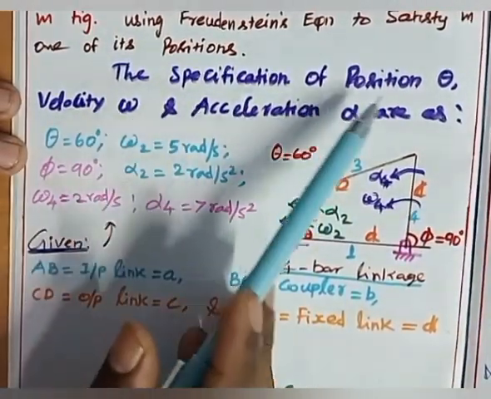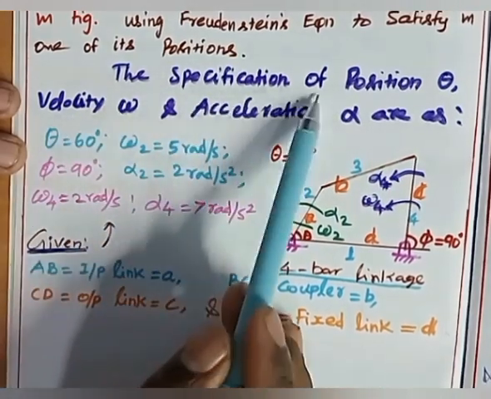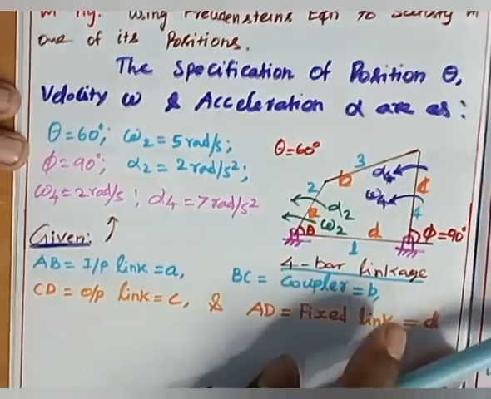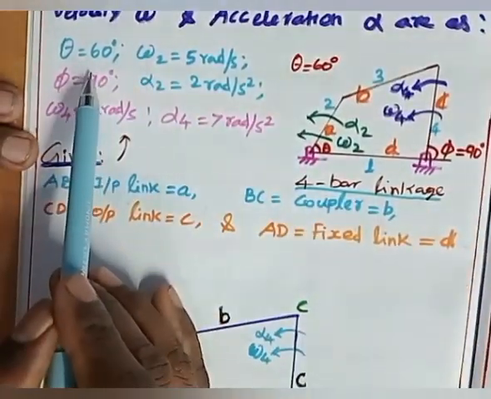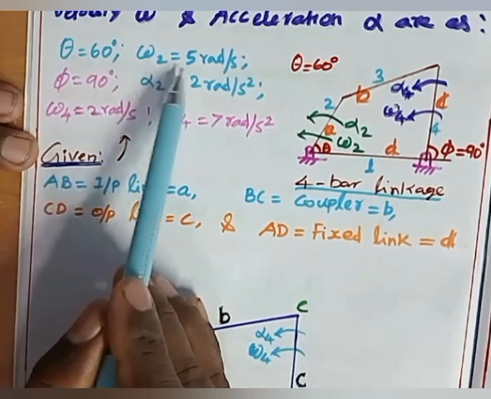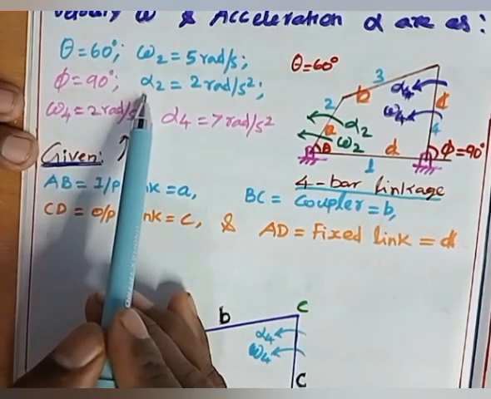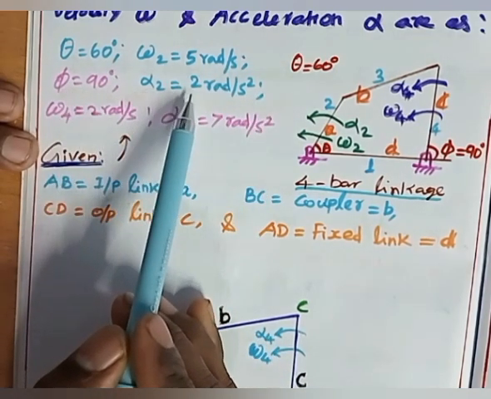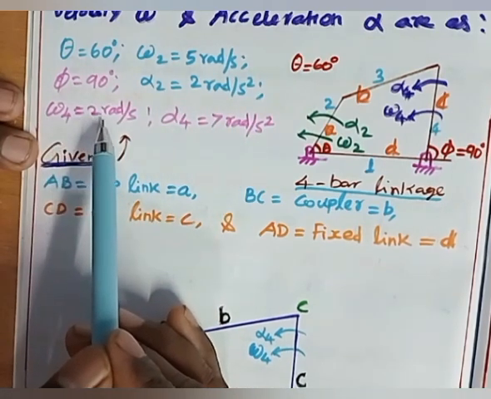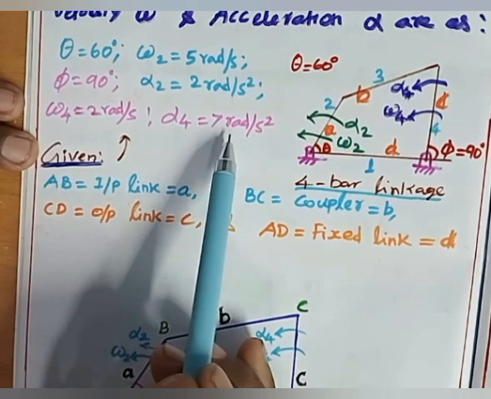The specification of position theta, velocity omega and acceleration alpha are as follows: theta equals 60 degrees and corresponding omega 2 equals 5 radian per second, and then phi equals 90 degrees and alpha 2 equals 2 radian per second square, omega 4 equals 2 radian per second, corresponding alpha 4 equals 7 radian per second square.